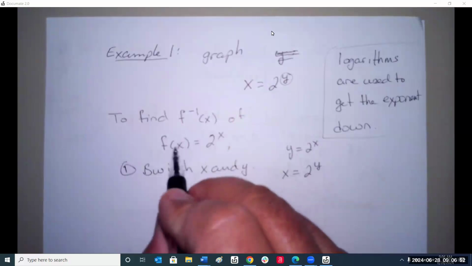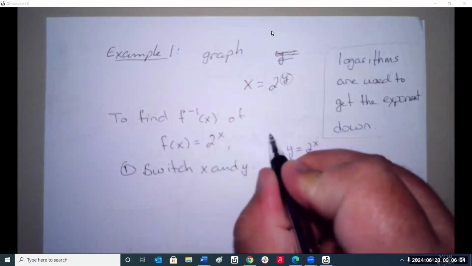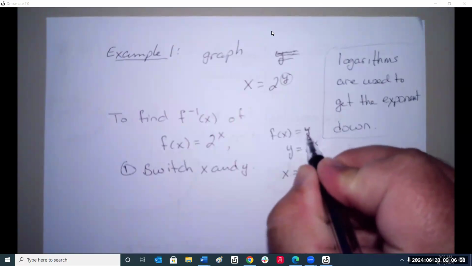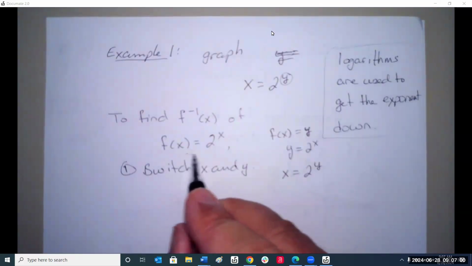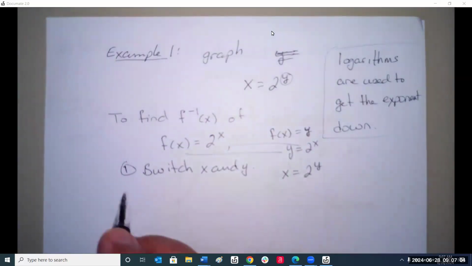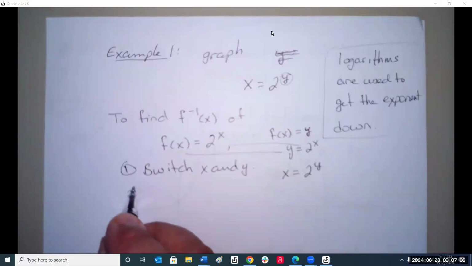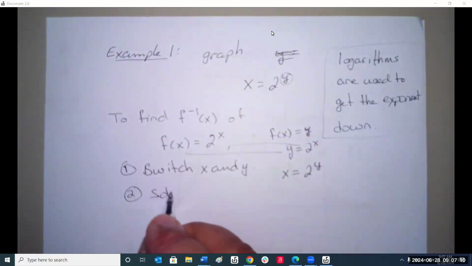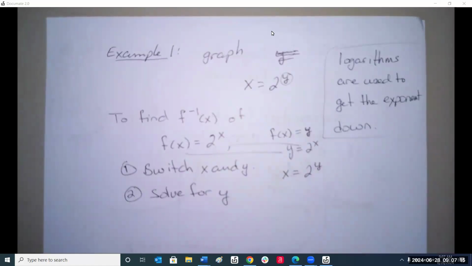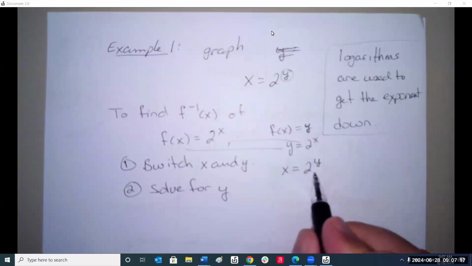Actually, the first step is f of x equals y. So make that change there first. Then, because it's the inverse, switch x and y. So we have x is equal to 2 to the y. Then solve for y.